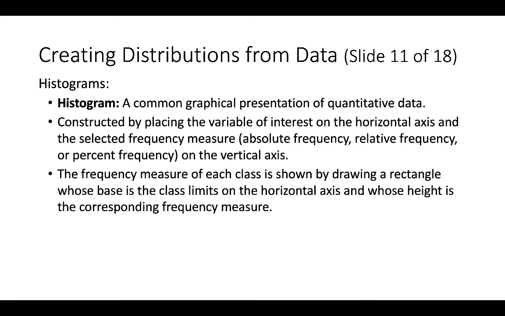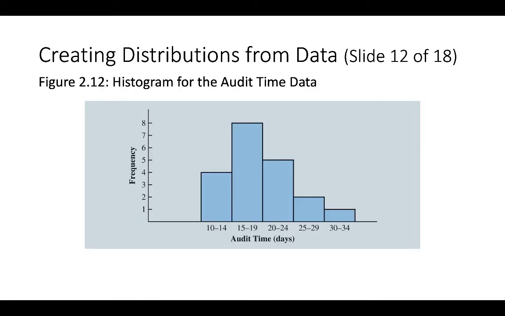Each class is shown by drawing a rectangle whose base is the class limits on the horizontal axis, and the height is the number of observations in that category, or the corresponding frequency measure. In this figure, note that the class with the greatest frequency is shown by the rectangle above the class of 15 to 19 days, and the height of the rectangle shows the frequency of this class is 8.